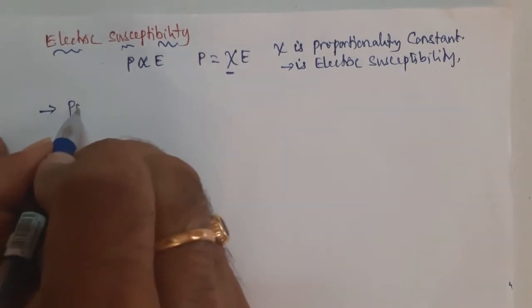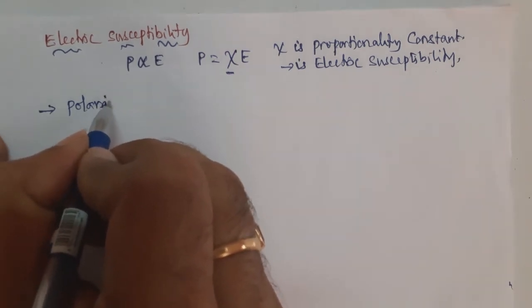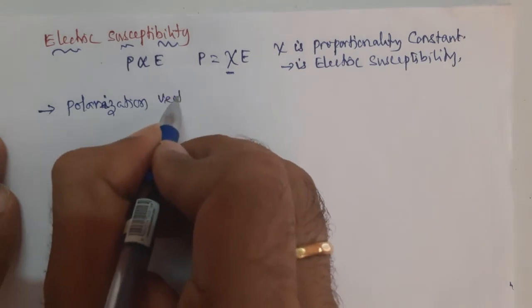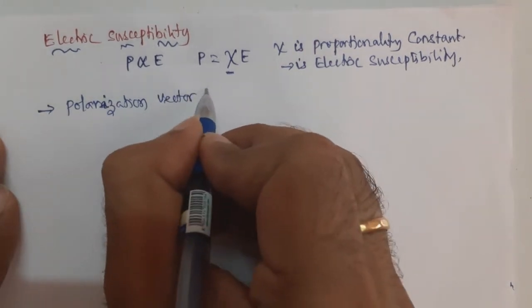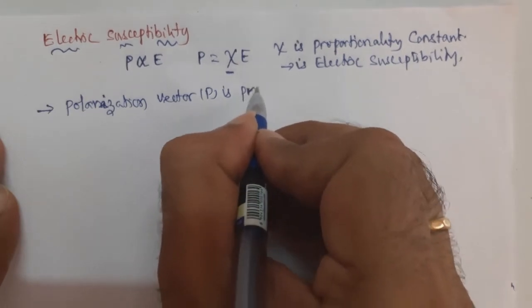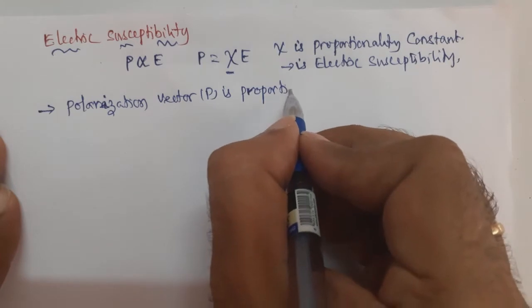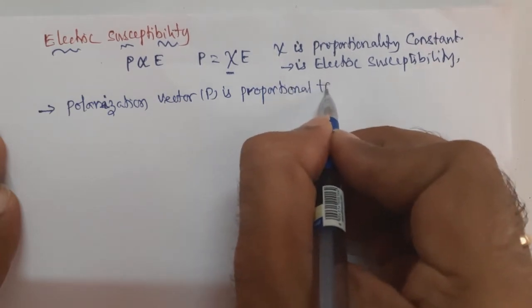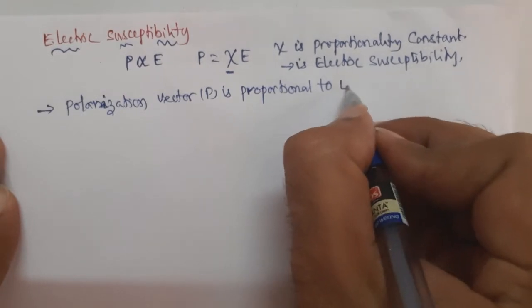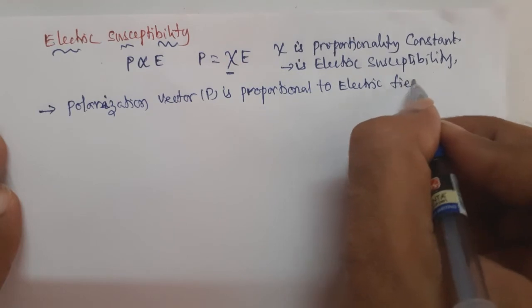At this stage you can say that the polarization vector is proportional to the electric field.